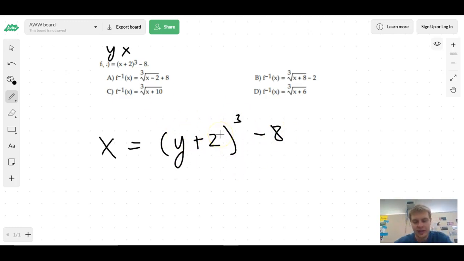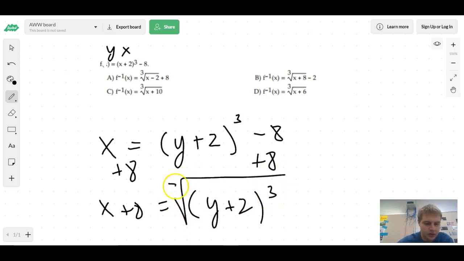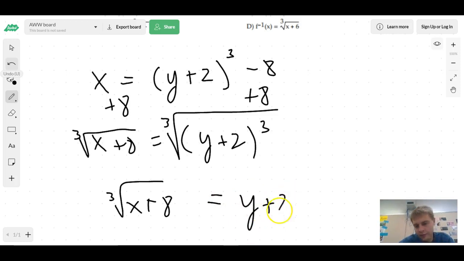Now we have to undo this and kind of get it all by itself. So the first thing I would do is add 8 to both sides and get x plus 8 equals y plus 2 cubed. Now I'm going to take the cube root of both sides to undo that, which is going to give me the cube root of x plus 8 equals y plus 2.